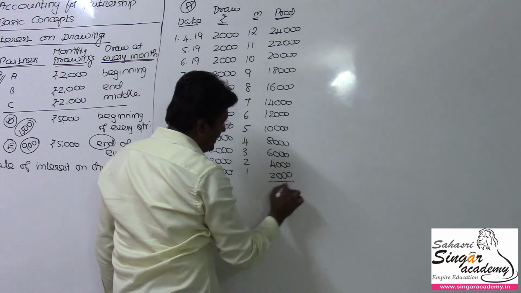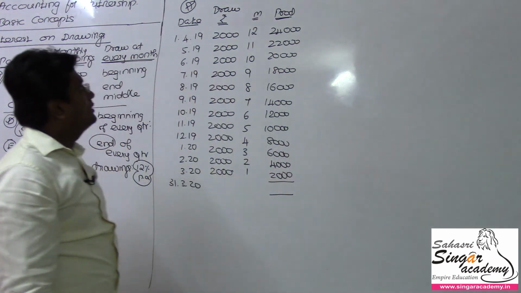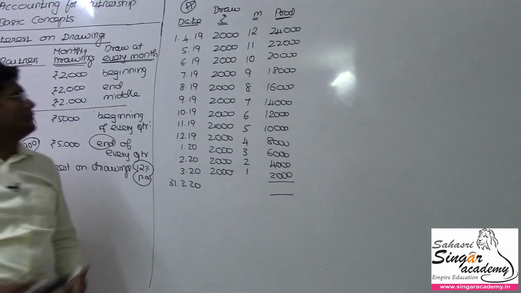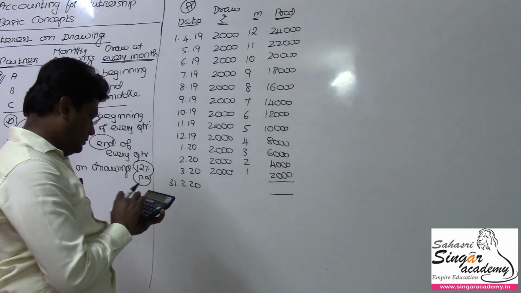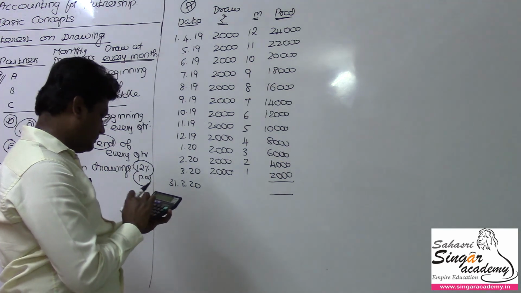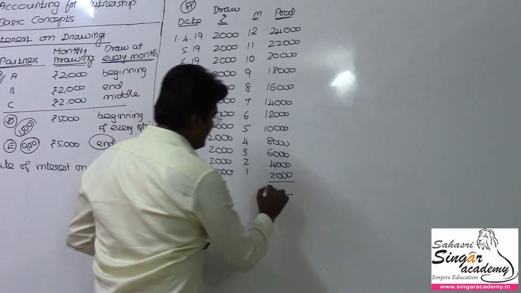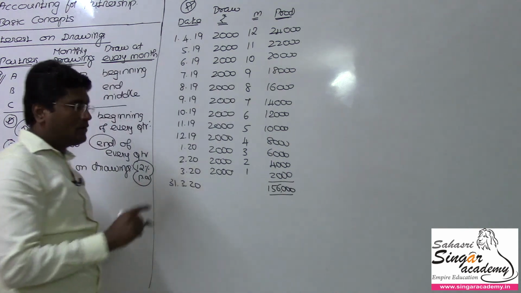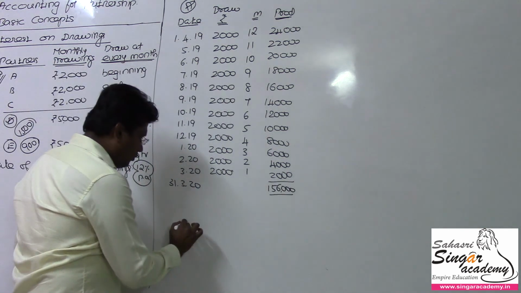You have to sum up the product values. The summation of this is 1,56,000.